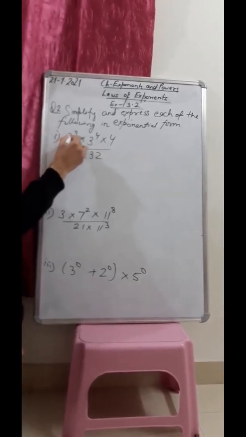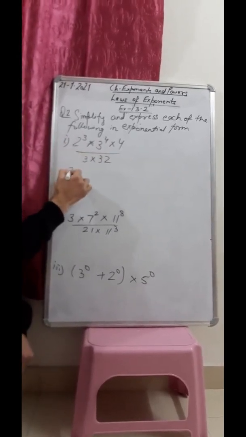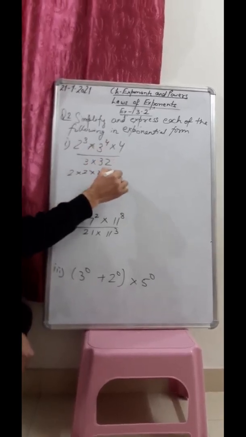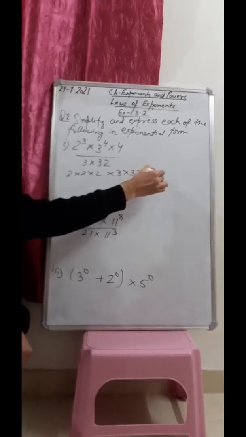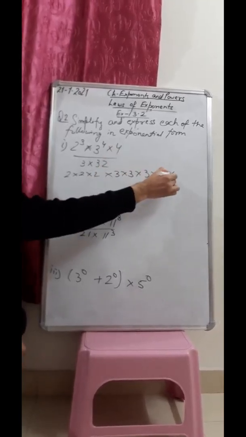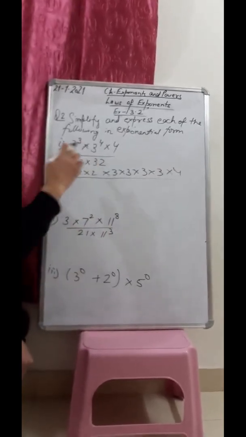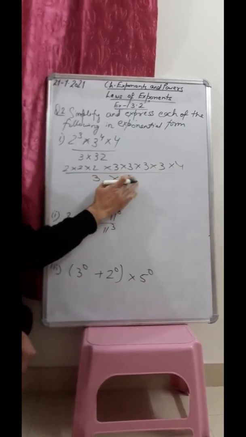So first we are going to write them in multiplication form. 2 raised to power 3 means 2 multiplied by 2 multiplied by 2 multiplied by 2. 3 raised to power 4 means 3 into 3 into 3 into 3 and into 4. So I am writing the multiplication sentence upon 3 into 32.